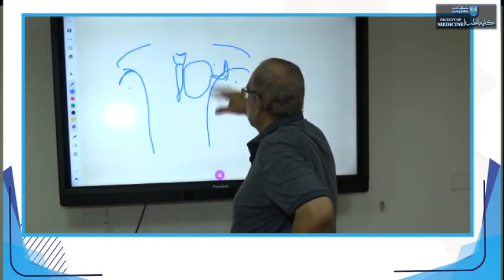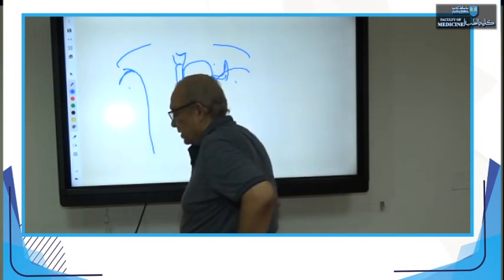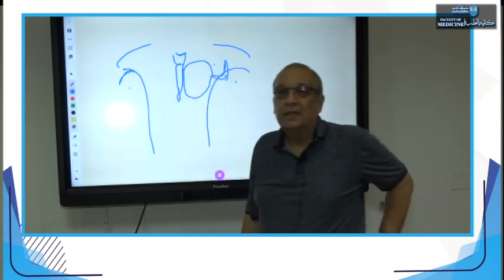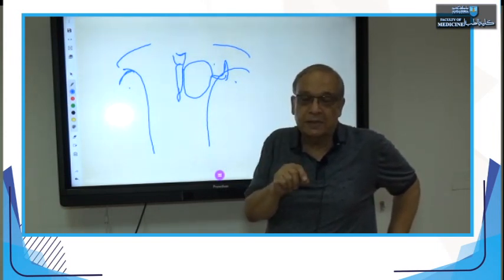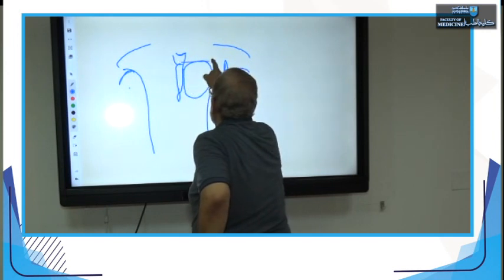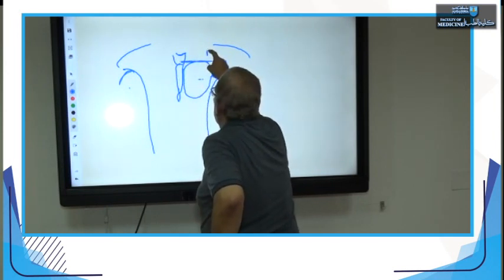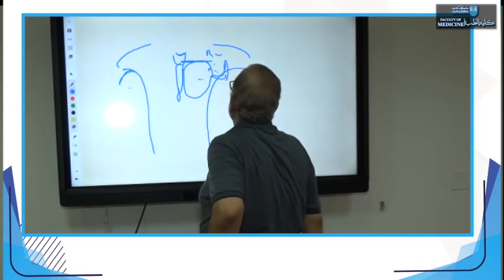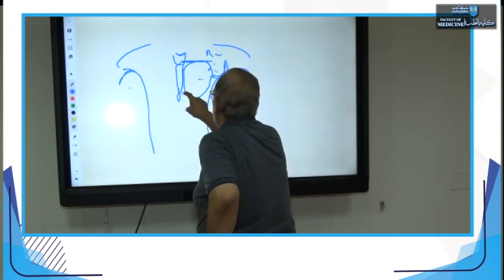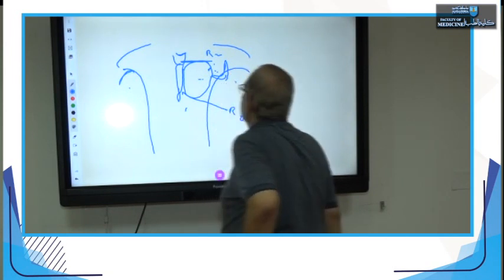and the skin. The limits of the base of the breast are fixed in both males and females. The upper limit is rib number 2, and the lower limit is rib number 6.